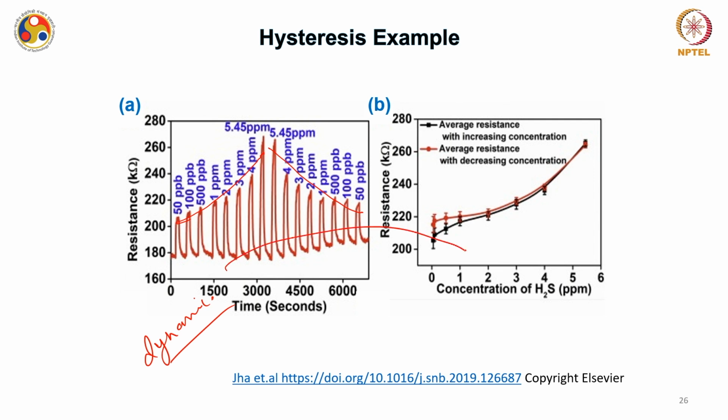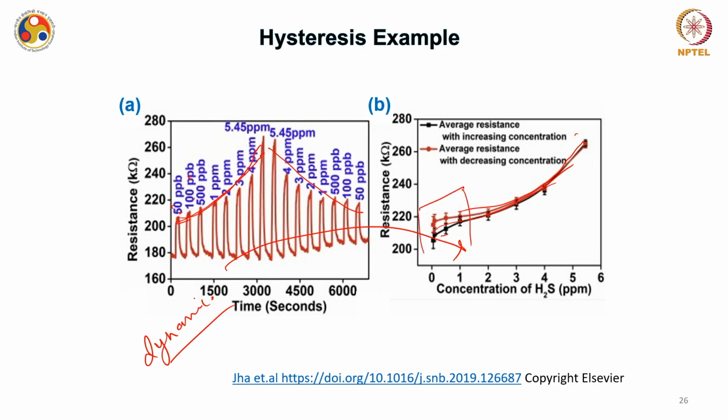If I convert this dynamic plot into a static plot, where I plot the concentrations 50, 100, 500 like this, I can see how the resistance behaves when the concentration is increasing, and then going back from the top, from 5.45, to the lower concentrations.